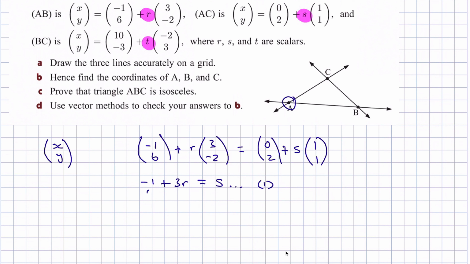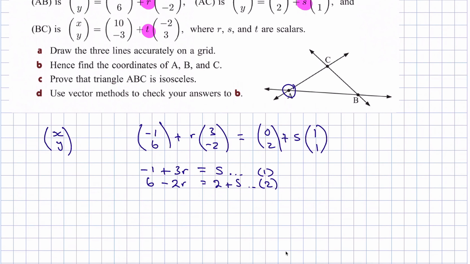The second one is 6 take 2R must equal 2 plus S. That's our second equation. Then we just solve these simultaneously, so nothing different.